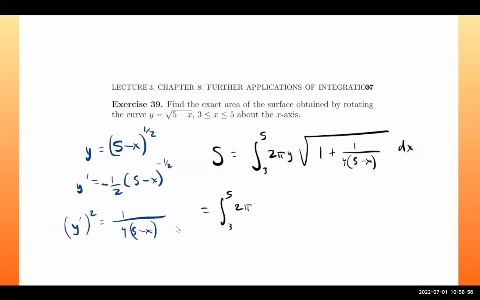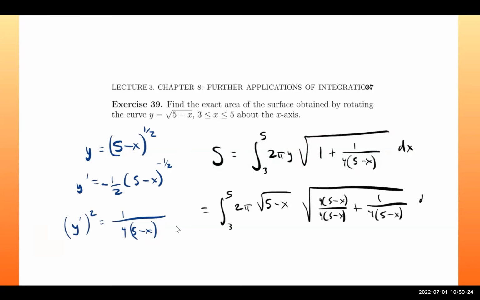This becomes 2 pi, and instead of y you replace it with radical 5 minus x, which is just the function y. Then if you simplify, that becomes the square root of 4 times 5 minus x over 4 times 5 minus x, plus 1 over 4 times 5 minus x, dx. What I did is convert the 1 into this fraction so that I could have a common denominator.